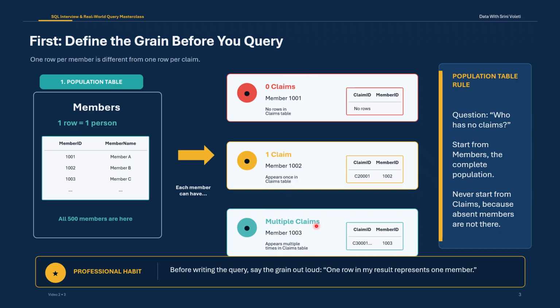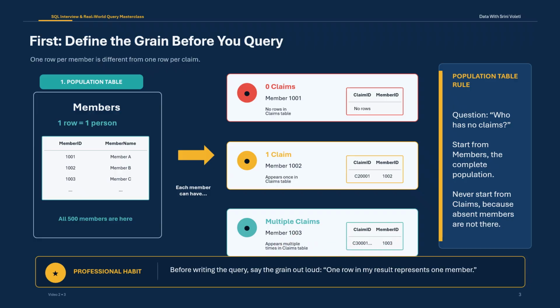Look at 3 examples. Member 1001 has 0 claims and therefore has no row in the claims table. Member 1002 has 1 claim row and appears once. Member 1003 has multiple claims and appears multiple times in the claims table.